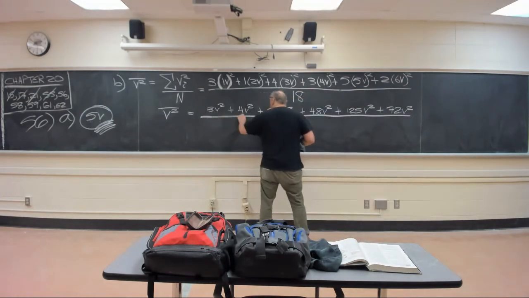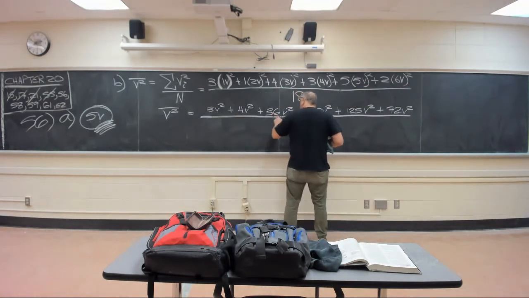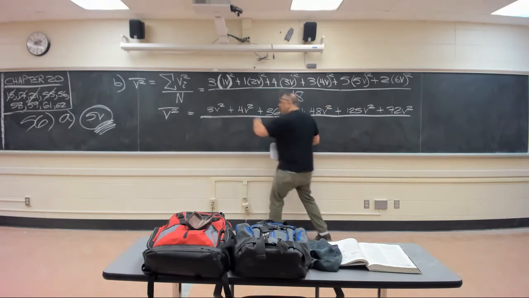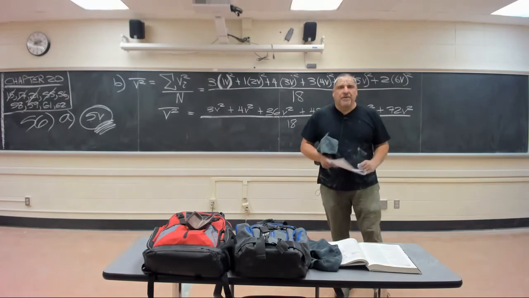Well, 3 and 4 is 7. You know, we got v squareds all over the place, so we're not worried about that. We could factor the v squared out of there and just add the coefficients and we're fine.